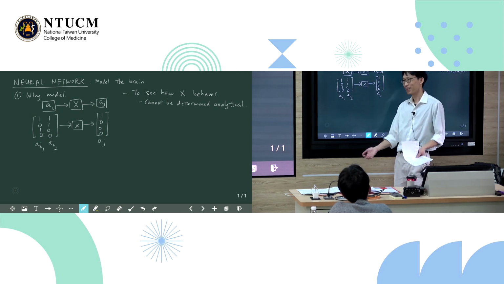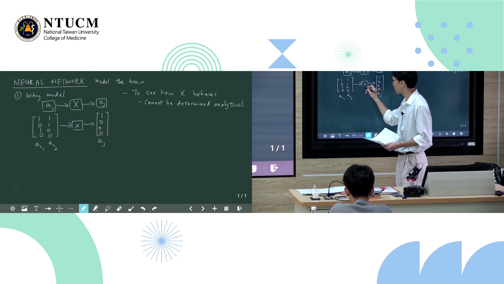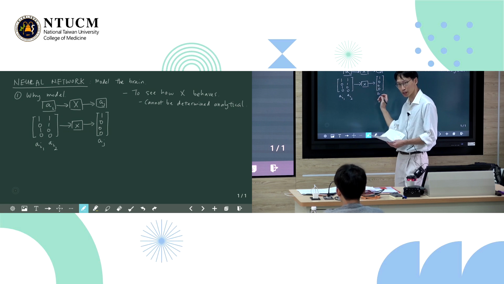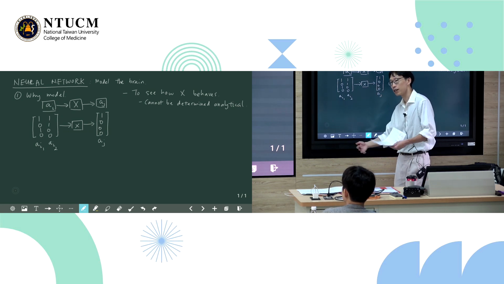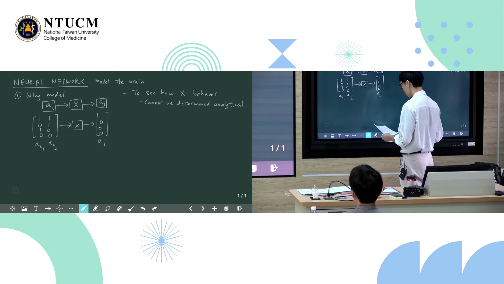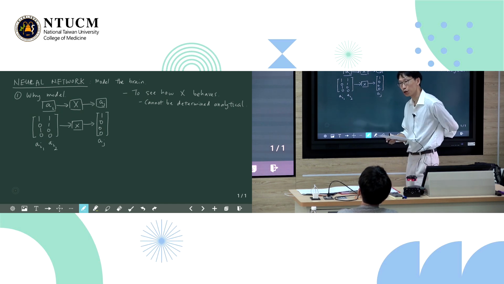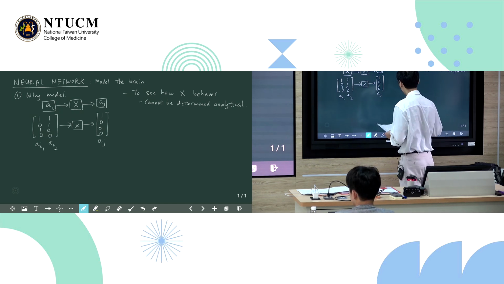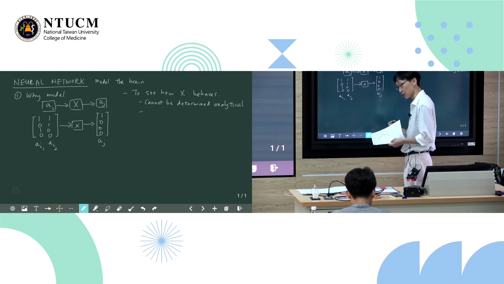You just do the math, and that will be the answer. But because we can't use math to find out the relationship between input and output, we have to try a possible model, let it run, and then evaluate the results. That's one big reason. We could not determine this mapping analytically, so we have to do a model, let it run, and evaluate if our hypothesis is correct.